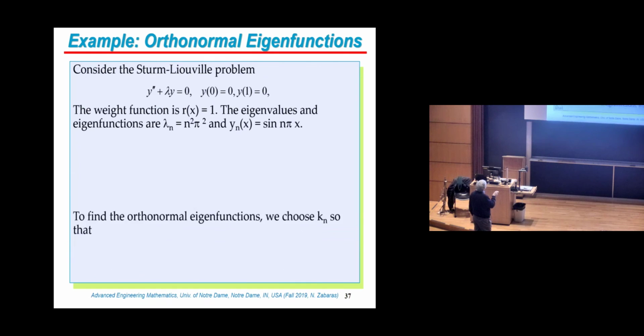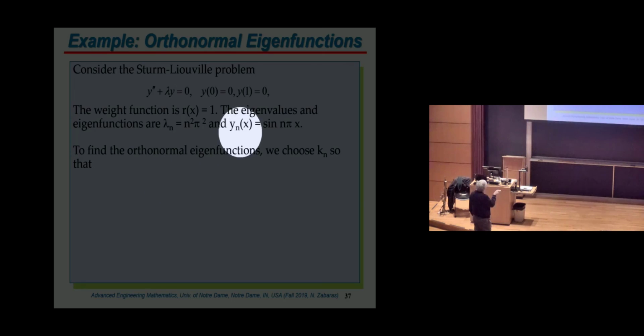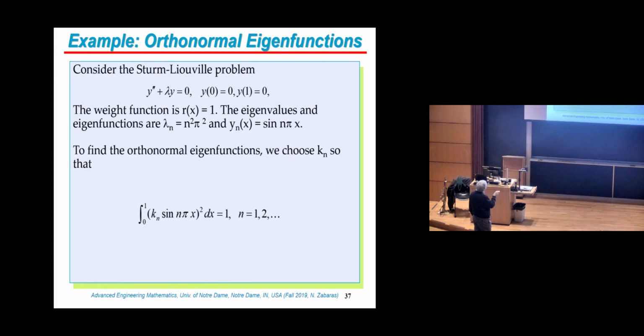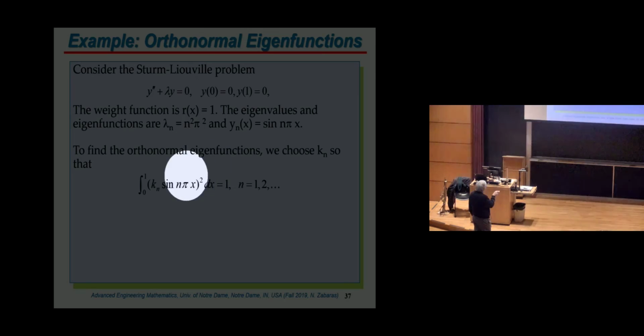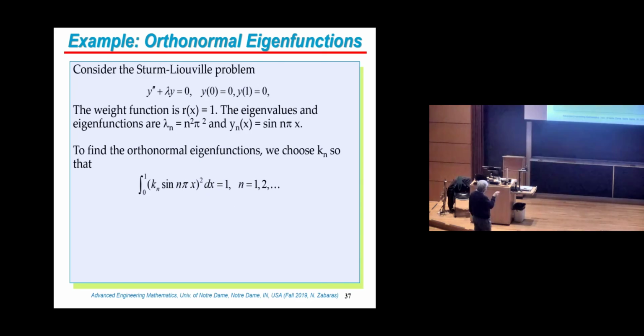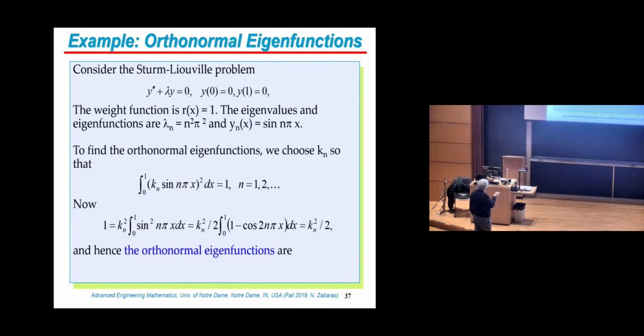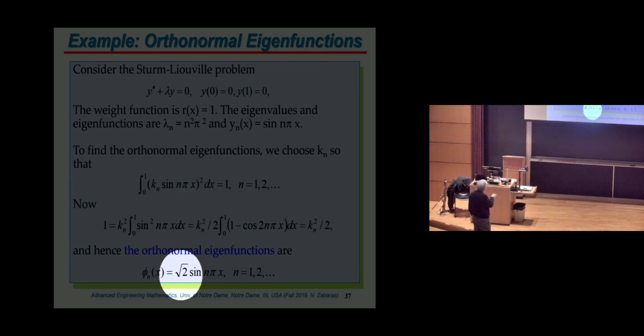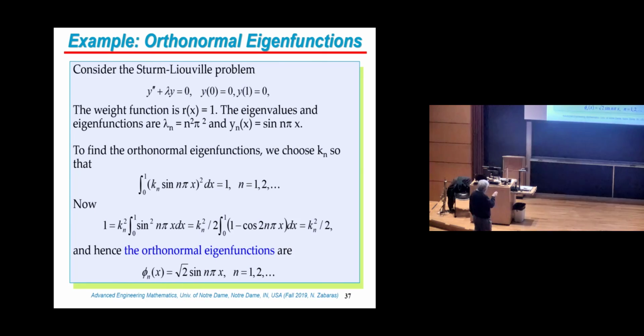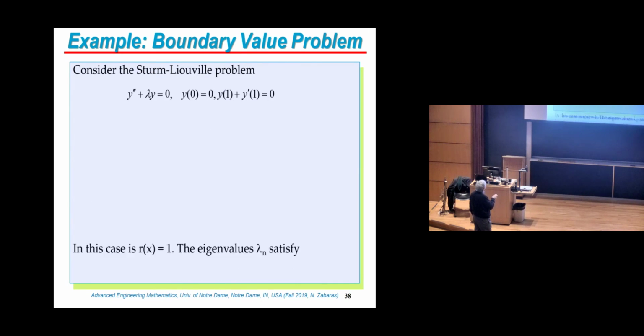The eigenfunctions were sines of n pi x. So if you multiply this with some constant and you try to normalize them so they have magnitude equal to 1, it comes out that the normalized eigenfunctions for our simple problem have a square root of 2 there. So if you see weird coefficients in textbooks, they are to make these functions orthonormal.